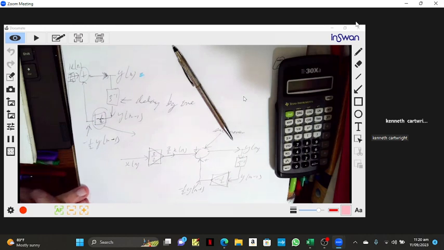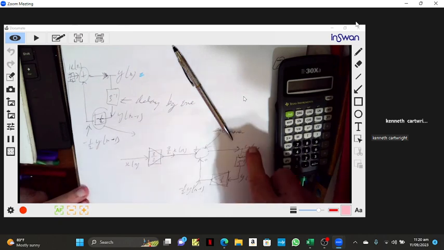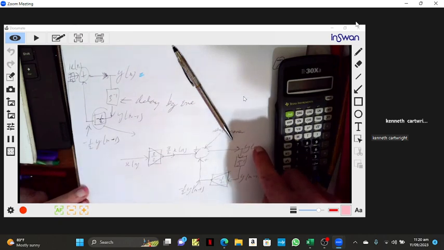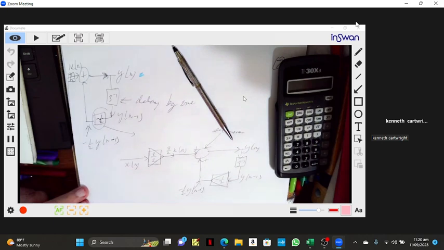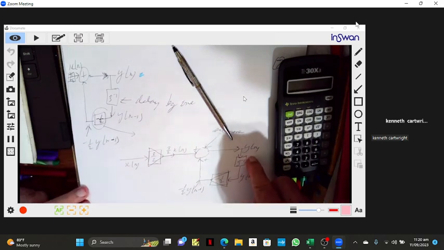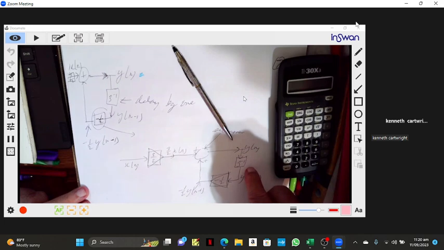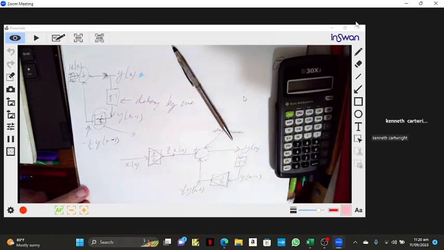To create a delayed signal in analog is really hard to do. But in digital it's really easy, because y of n would be a digital word. You simply pass it through memory. You save it in memory on the first sample, and on the second sample you read it out of memory. I'm sure you all talked about memories in 230. Any question about this diagram?